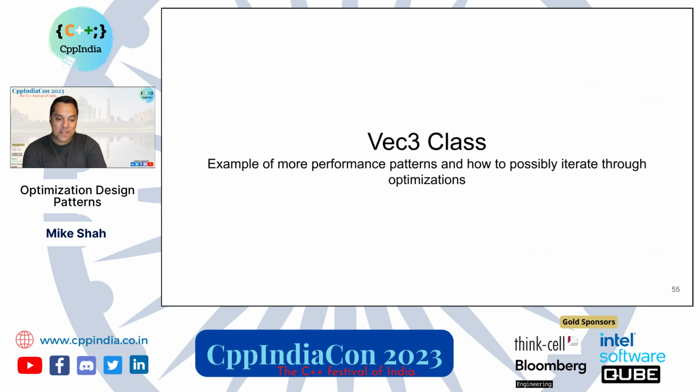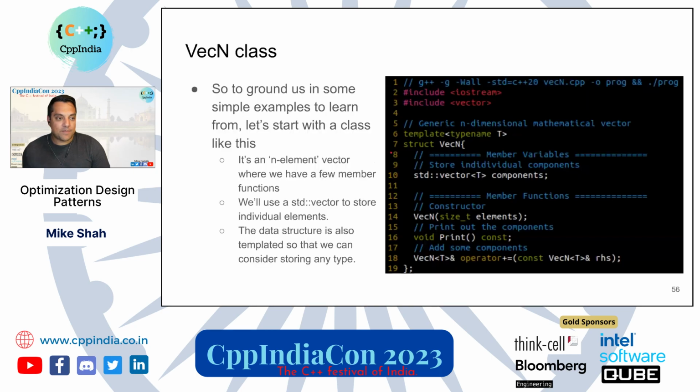So I've put together just a little example here with, say, a vec3 class. So this would be 3 floating point values, or maybe 3 integer values, the sort of mathematical type here. And let's just take a look at some of these optimizations. So here's an example class here. Actually, I'll generalize it to just vec(n), so we can have any number of components in it. So it's an n element vector. Very similar.